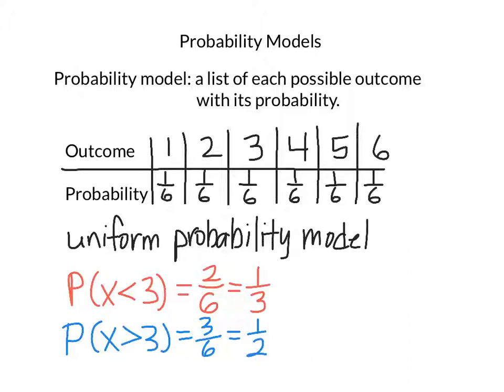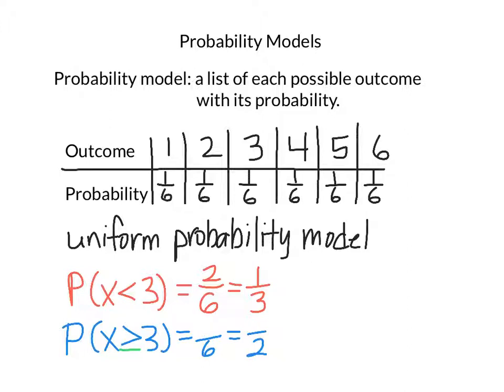And just kind of as a review, this is from the last section, these are not complementary events unless the 2 events make up all of the possibilities. And sometimes we forget that we have excluded 3. So the complementary event to less than 3 would be greater than or equal to. So let me change colors on that. Change it to greater than or equal to in order to make it a complementary event.